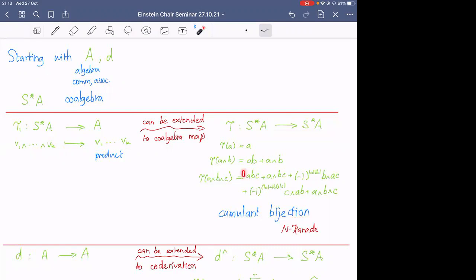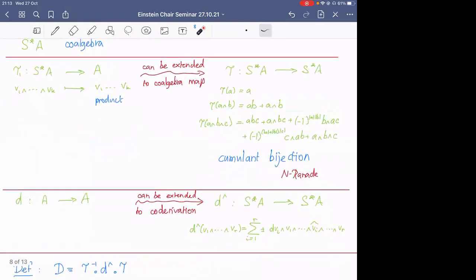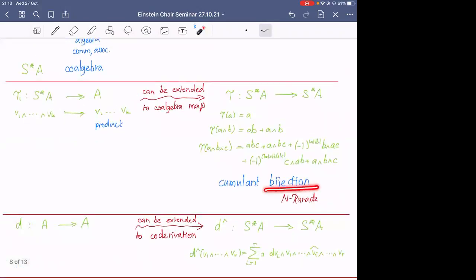The base piece of it, the piece that just involves A, is just the multiplication. That's this thing here. And then you have other pieces and signs and so forth. So this is something that Dennis worked on with Nissim. And this is a very clever object. So this is, as it says, a bijection. It's a coalgebra map. By definition, that's what we've done.